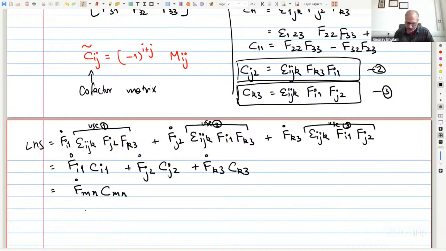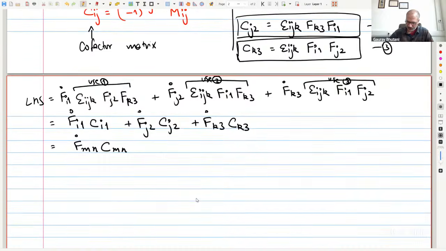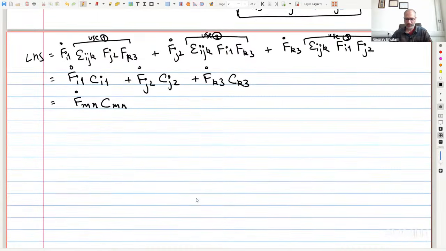You can expand it and see, if you expand this over n, then this becomes F dot m1 times C m1. That's the first term. Then we have F dot m2 times C m2. That's the second term, and so on. So we have very compactly been able to write our LHS as F dot mn times Cmn. That's the beauty of indicial notation. It allows us to write things quite compactly.